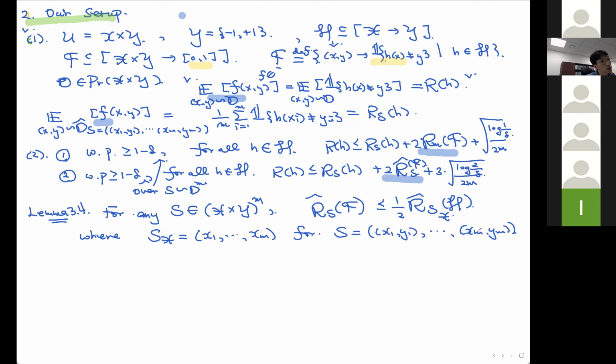In other words, it's a projection onto the first component of the pair, for every pair in the capital S. Okay. So that's the relationship.